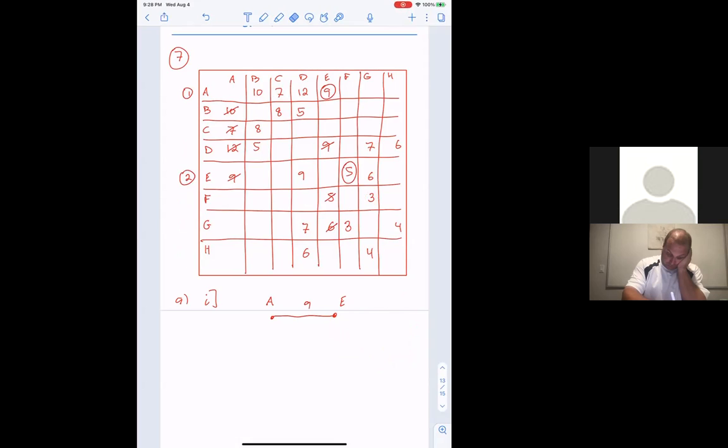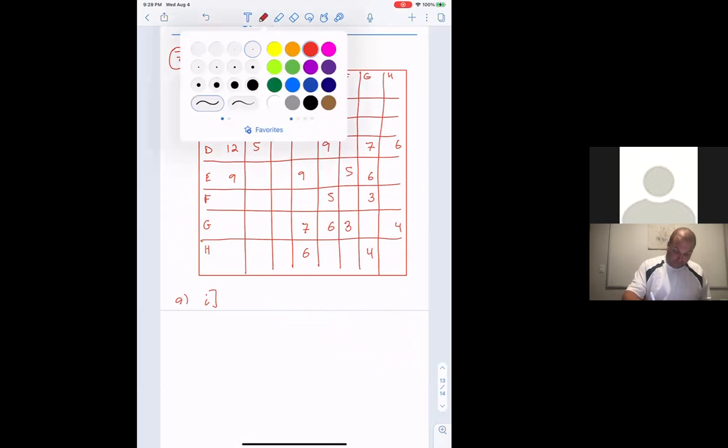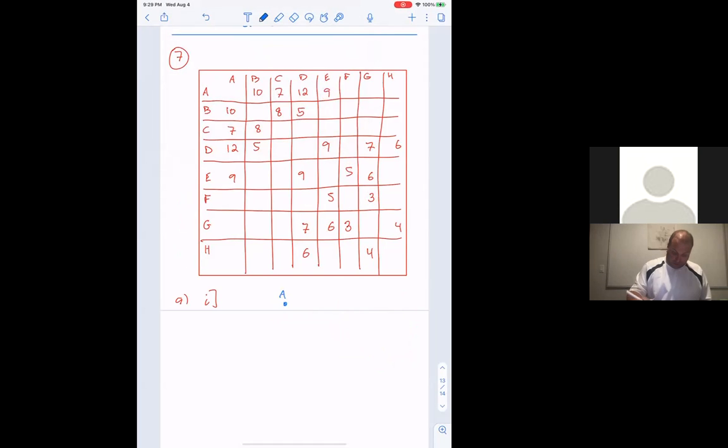I'm going to use a different color. I realized halfway through that I was using the same color. Okay, so we start with A. So A is my first.